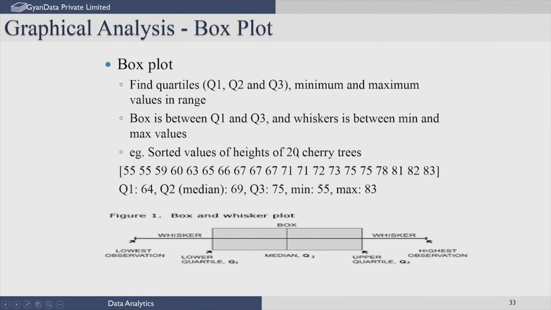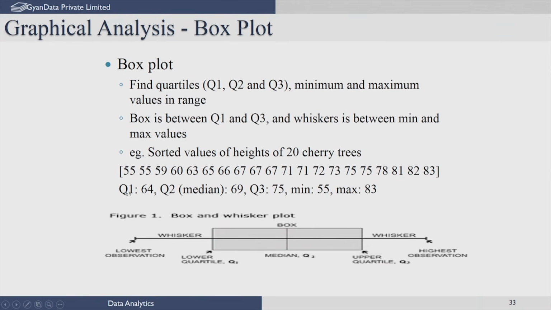So as an example, if you take the 20 cherry trees and sort them from the lowest to highest value, and we try to compute the median, it turns out the median is the average of the 10th and 11th point, which is 69.